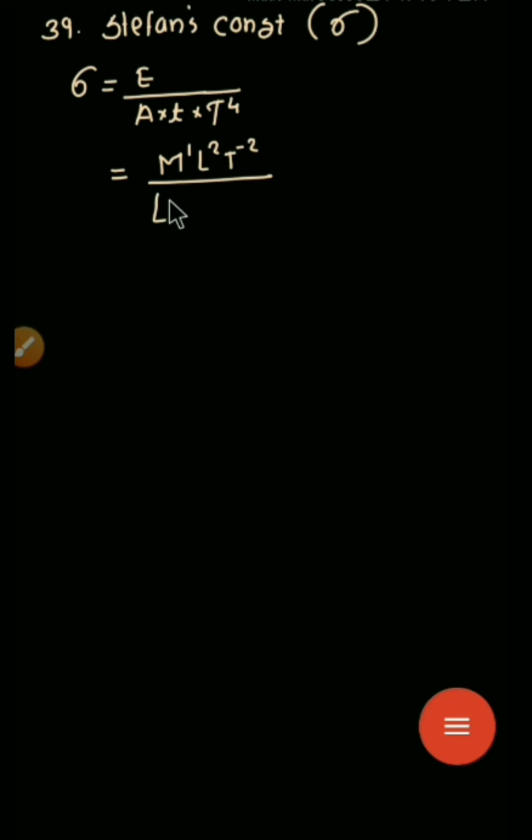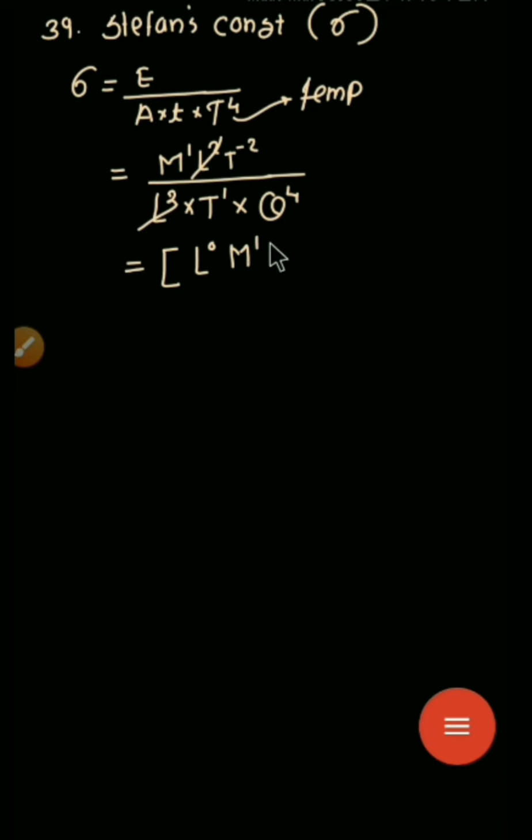Area is L square, time is T1, and for temperature we have theta, so theta raised to 4. So finally this L square gets cancelled, meaning L to the power 0. We get M1 T minus 3 theta minus 4, and this is the dimensional formula for the Stefan constant.